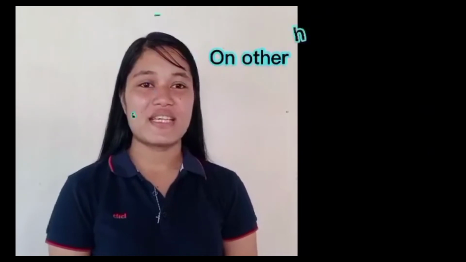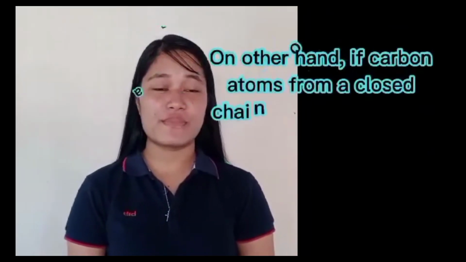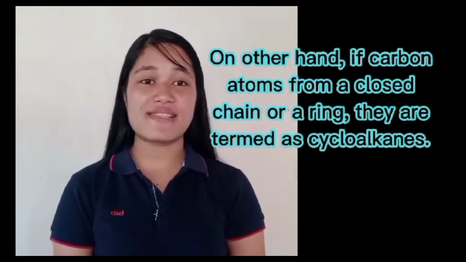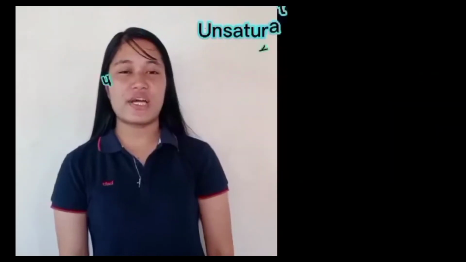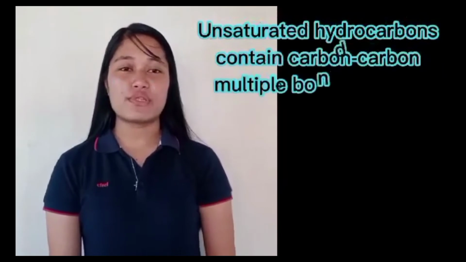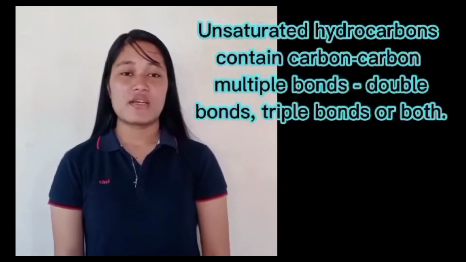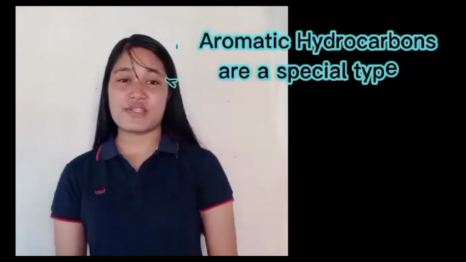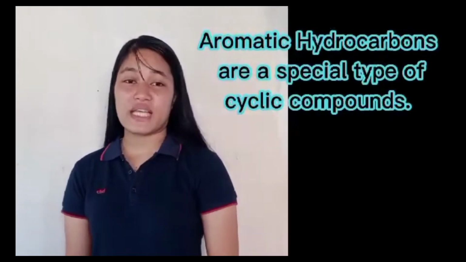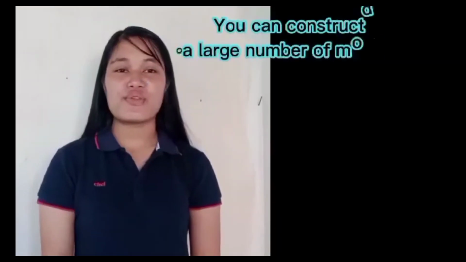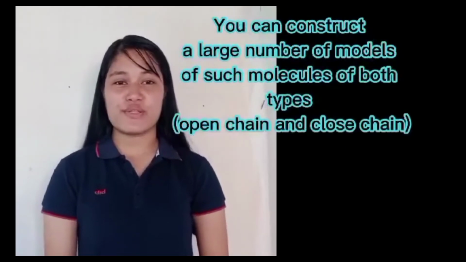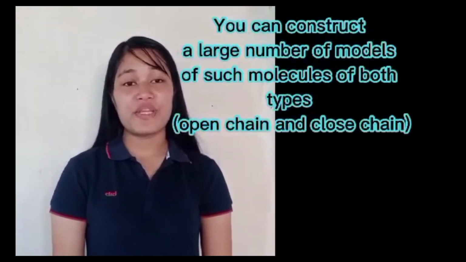On the other hand, if carbon atoms form a closed chain or ring, they are termed cycloalkanes. Unsaturated hydrocarbons contain carbon-to-carbon multiple bonds, double bonds, triple bonds, or both. Aromatic hydrocarbons are a special type of cyclic compounds. You can construct a large number of models of such molecules of both types: open chain and closed chain.